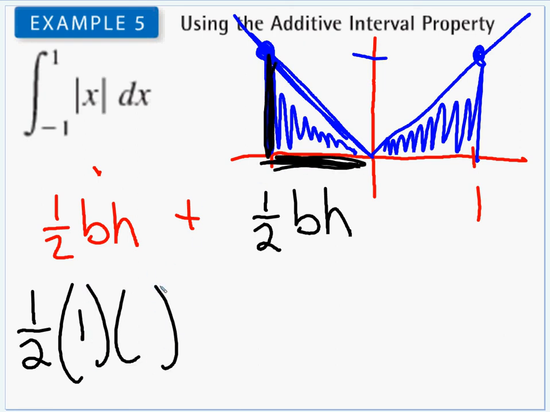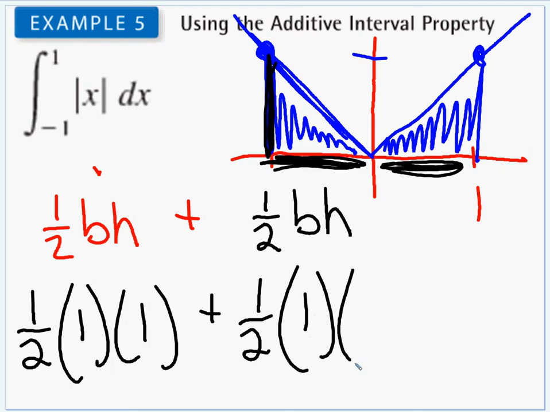Height is also 1. Plus another triangle, 1/2, base here is also 1. Height is also 1. So that just becomes a half plus a half, or 1 square unit. No calculus required. We used the calculus notation and just identified the geometric shapes and let the geometry take over.